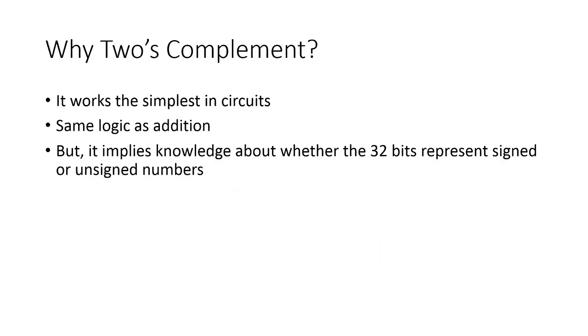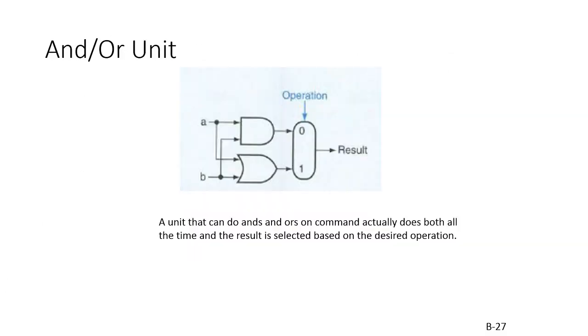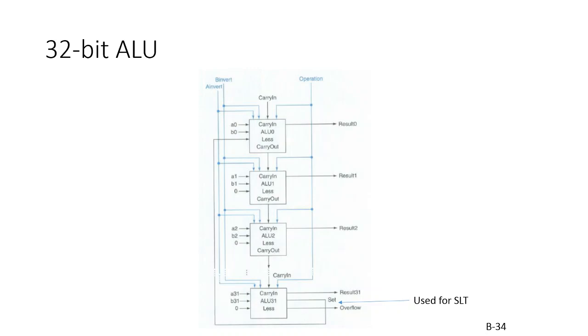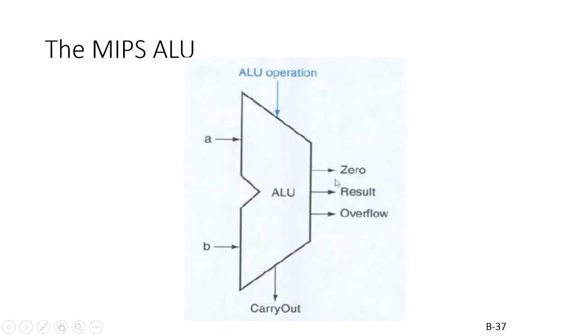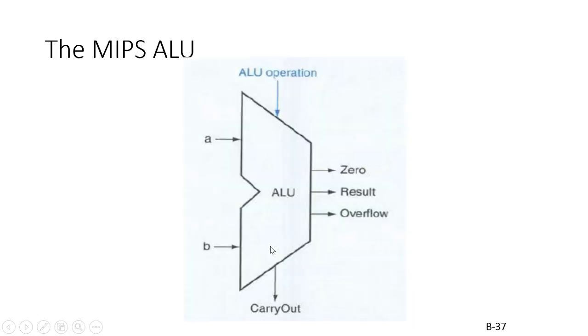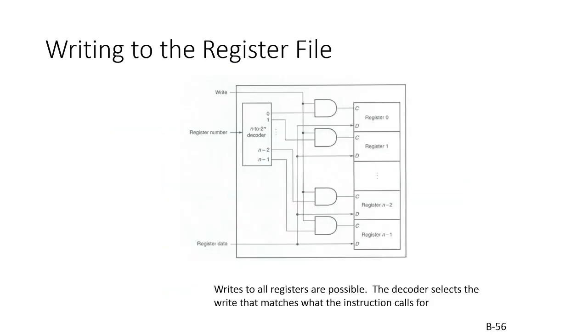We also talked through here how we get the equal 0 and set less than value, and I used the book to talk through that a little bit. Then we transitioned from combinational to sequential logic.